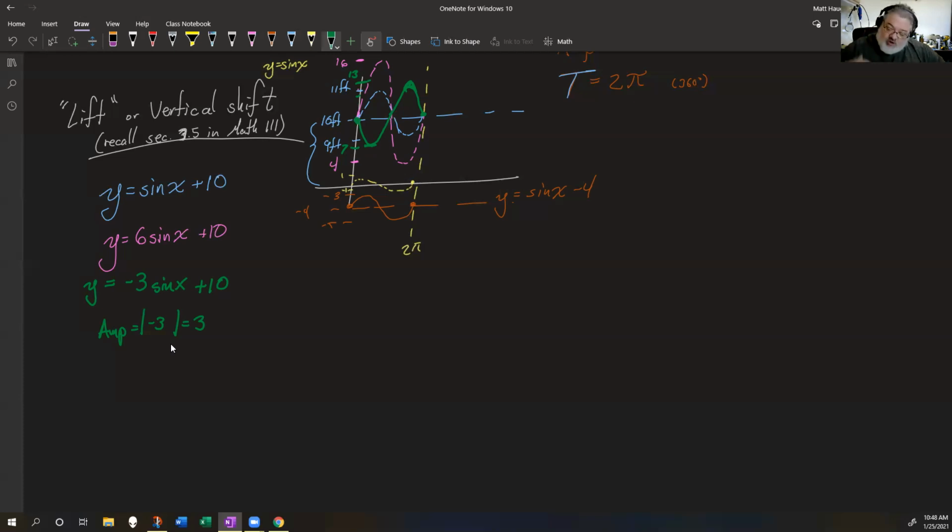So we can control where all of these things happen vertically just by modifying the coefficient in front, which we generically label A, and the constant on the end, which we generically label D. Those things being outside the function affect us up and down.